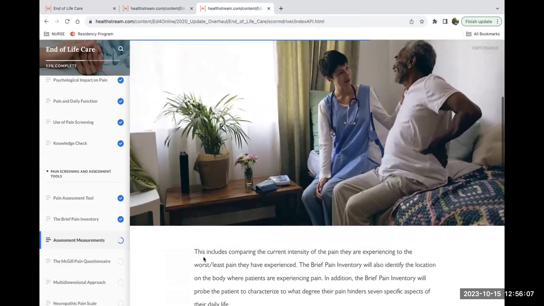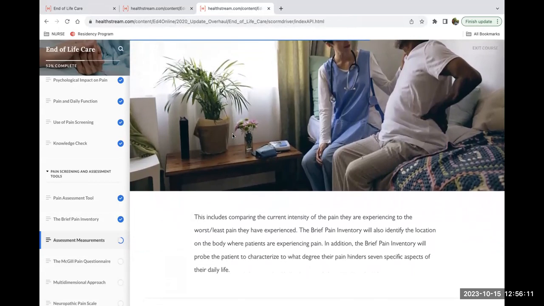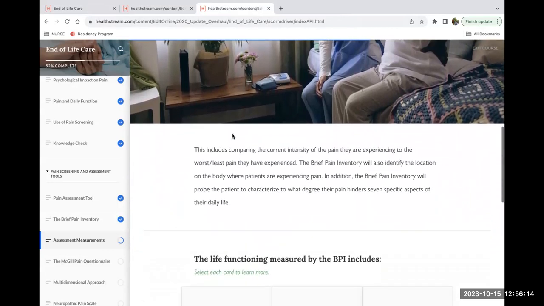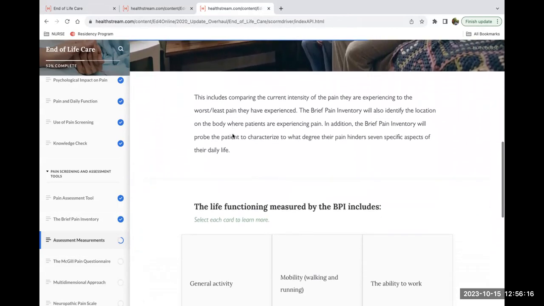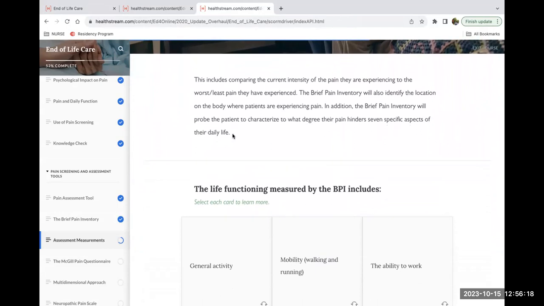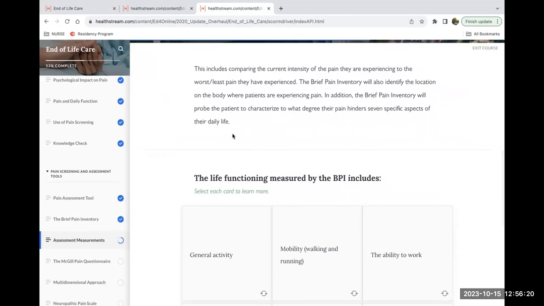Assessment measurements. This includes comparing the current intensity of the pain they are experiencing to the worst or least pain they have experienced. The brief pain inventory will also identify the location on the body where the patients are experiencing pain.